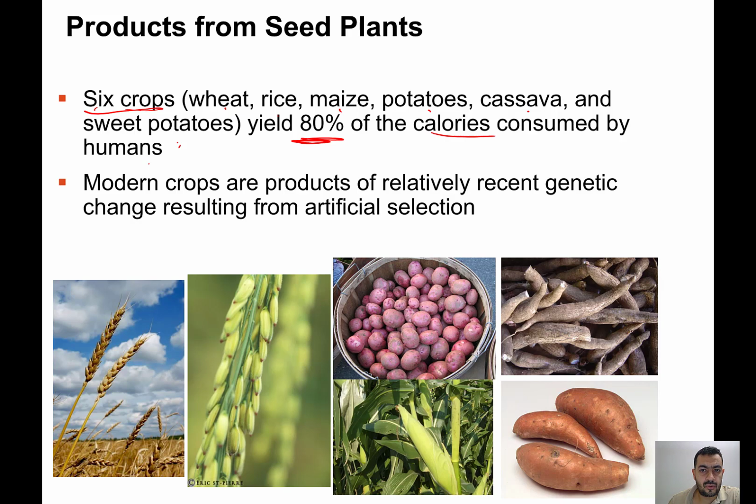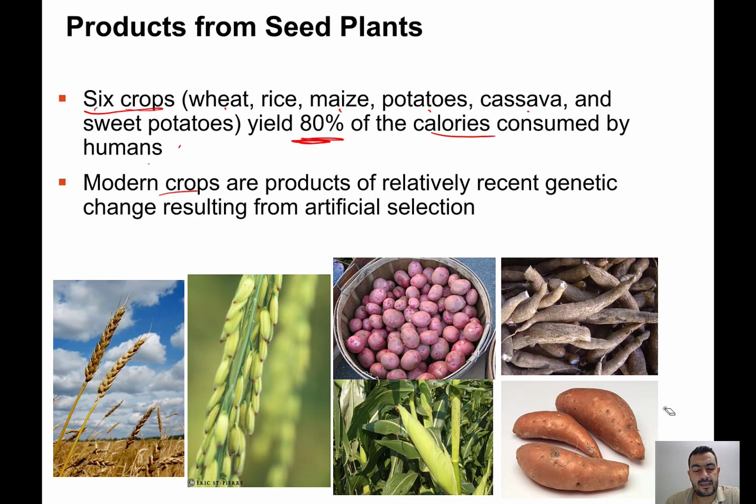As a side note, please keep in mind that these modern crops are actually the products of relatively recent genetic change resulting from artificial selection. So in other words, if we think about a fruit as a method of dispersal of the plant, it is a kind of waste to store that much nutrients in the fruits.